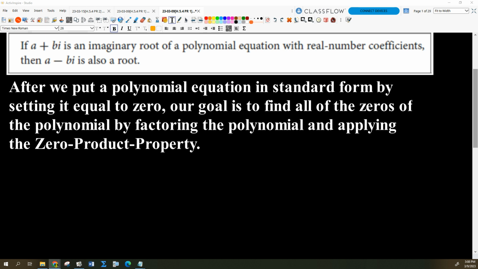To solve polynomial equations, if they're bigger than quadratic, which ours are pretty much always going to be now, then there really is no magic quadratic formula. There's no cubic formula if it's a cubic polynomial. There's no quartic formula if it's a quartic equation. What we have to do is solve by factoring and the zero product property. That's our only option, okay?